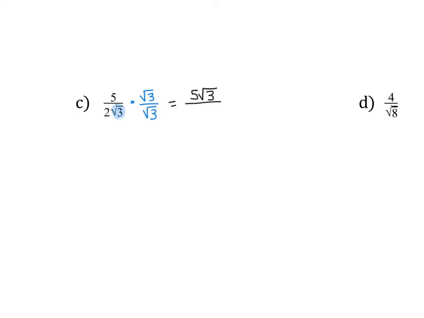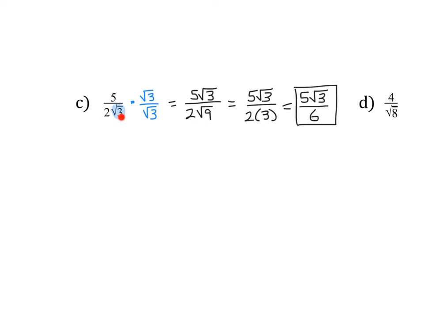Here we have 2 times the square root of 9. Remember, we can only multiply numbers that are both square roots. So 3 times 3 is 9. And then we can simplify. 2 times square root of 9 is 6. So our final answer ends up being 5 times the square root of 3 over 6.